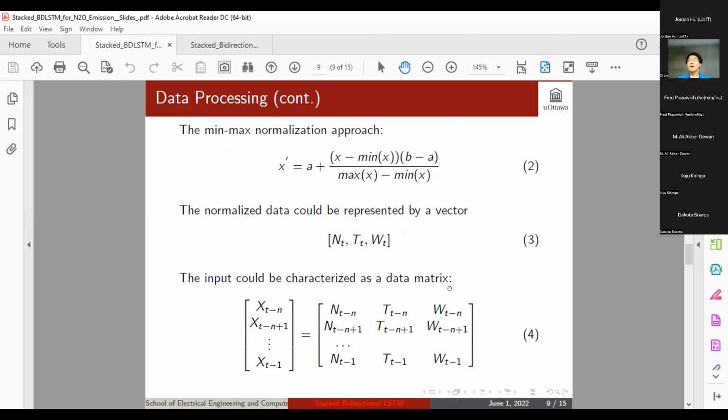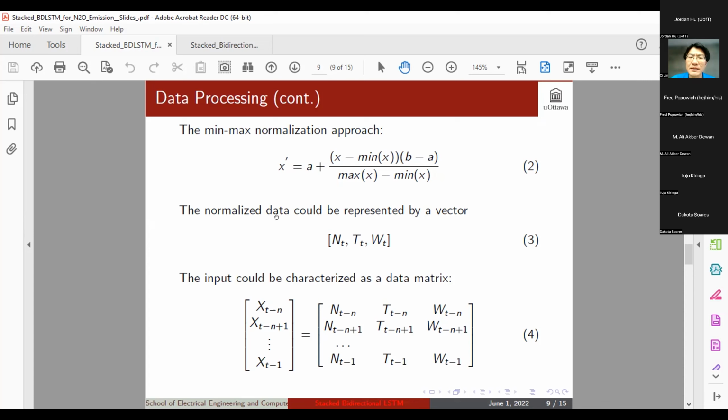And since the data we get has different units and different scales, we have to normalize it. So we're using the min-max normalizing approach to normalize the data between the range -1 to 1 or 0 to 1.